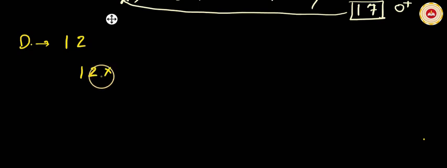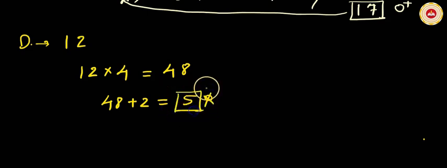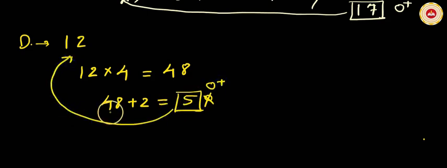To get such a number from this 12, we will have to multiply this 12 by 4, which gives us 12 4s are 48. We have got 8 in the units place. Now let us add 2 to this 48, we get 50. Neglect this 0 and consider this 5 only. This 5 is positive osculator for given divisor 12.